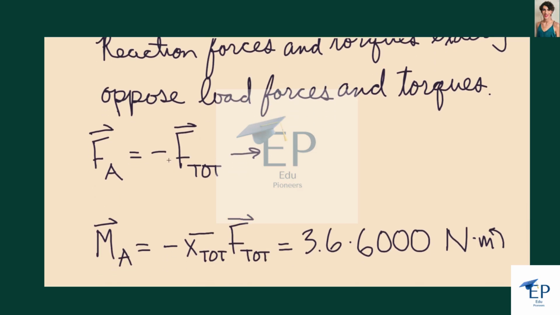So that makes figuring out the reaction forces at the supports fairly easy, since we already know our total load forces, and we know that our reaction forces have to exactly oppose them. We knew that the magnitude of our total load force was 6,000 newtons, but it was pointed downward.